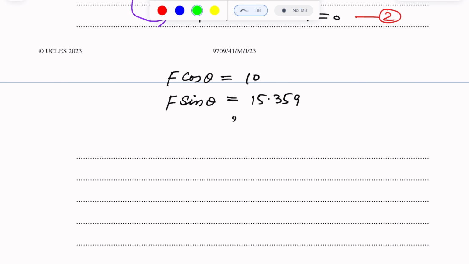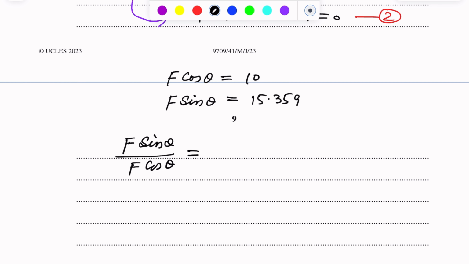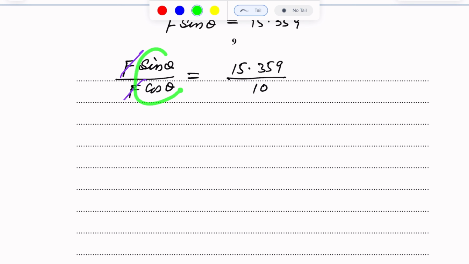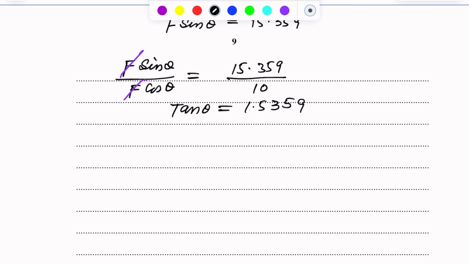So we can write F sin theta over F cos theta is equal to 15.359 over 10. F is cancelled out. We get sine over cos, that becomes tan. So tan theta is equal to 1.5359. From here, theta will be equal to tan inverse 1.5359.